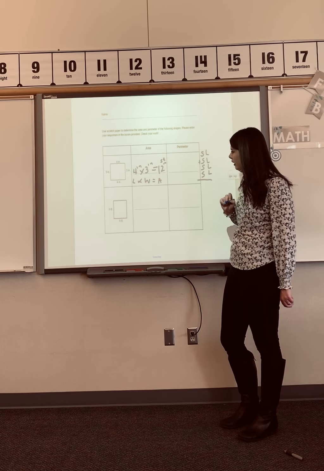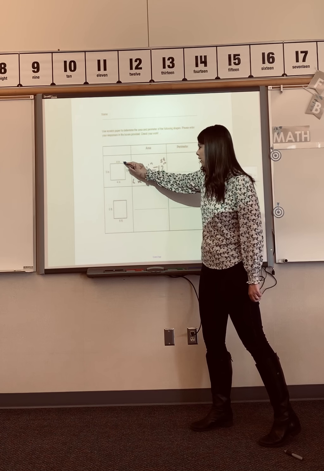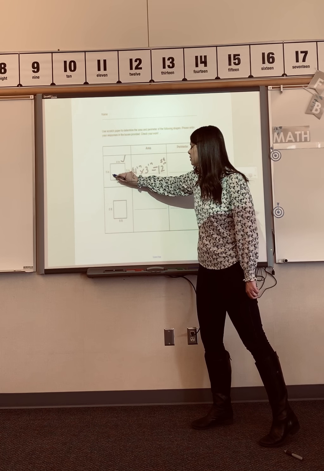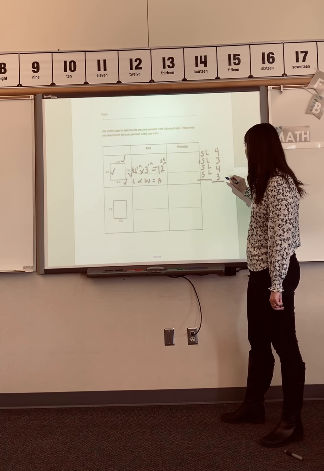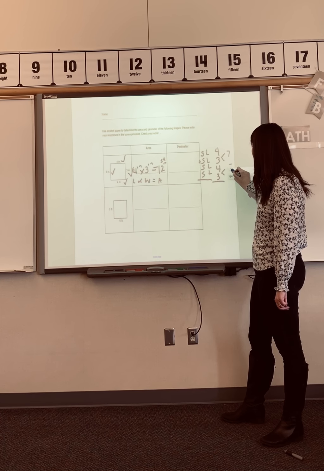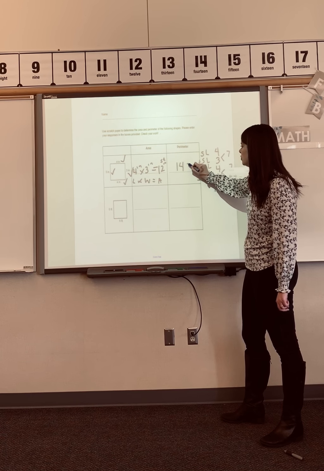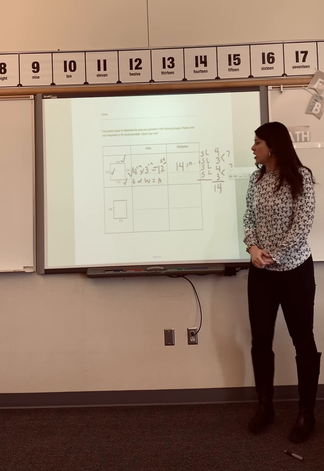So you would carefully add together 4, and you can put a check if you want, plus 3, plus 4, plus 3. I know 4 and 3 is 7, and 4 and 3 is 7, and 7 plus 7 is 14, so it's 14 inches. Awesome. Please make sure that you include your units.